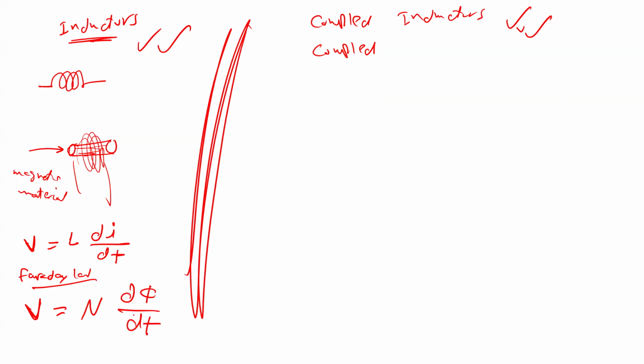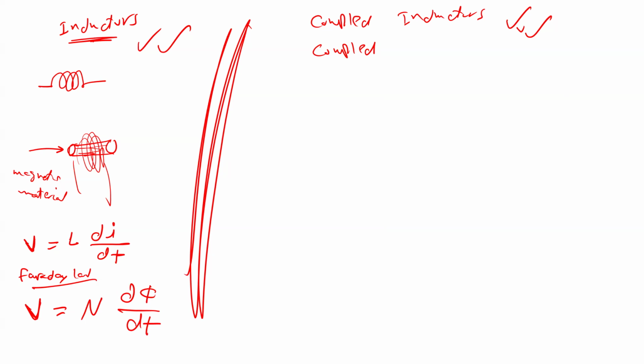Here I'm talking about inductors because I will come to coupled inductors. N is the number of turns, how many turns we have. d phi by dt is the change in the flux, or the change in the magnetic field.